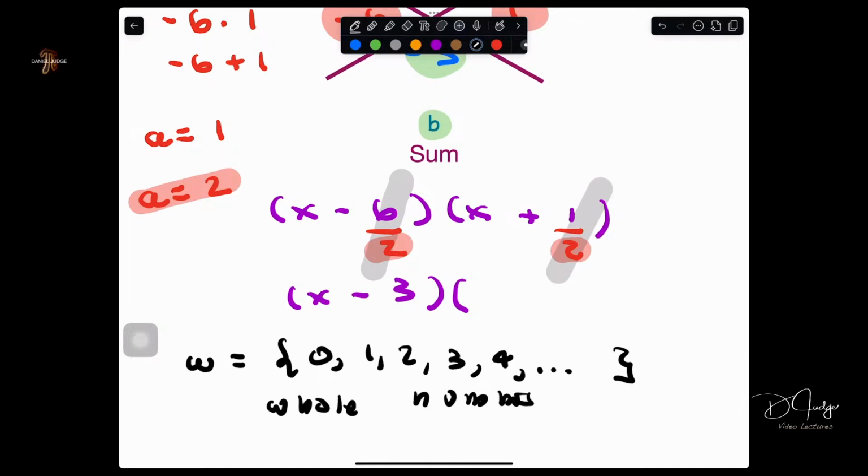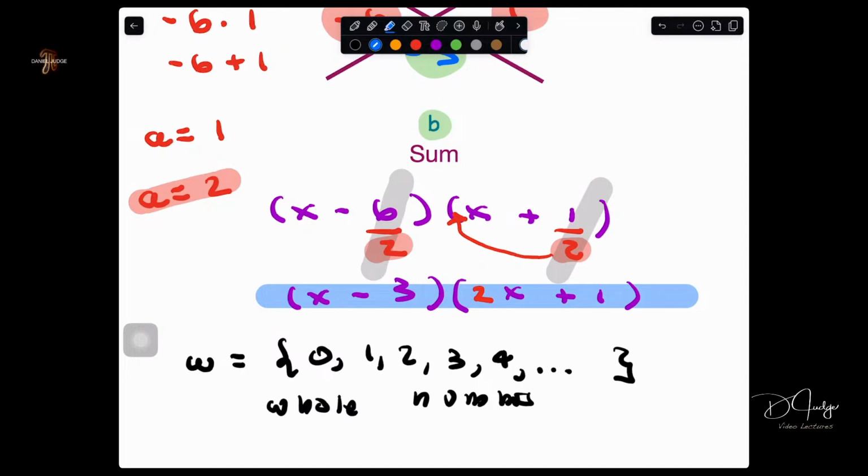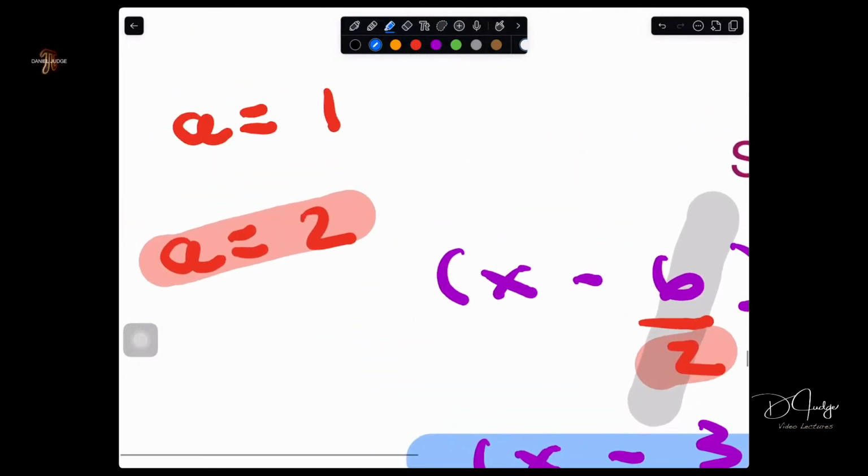And when we don't see it, like in the 1/2, move the a value in front of the x value. So a is now here, and just write down your x plus 1. And then, ladies and gentlemen, guess what? You're done. This is what you always do when a is not equal to the value 1.